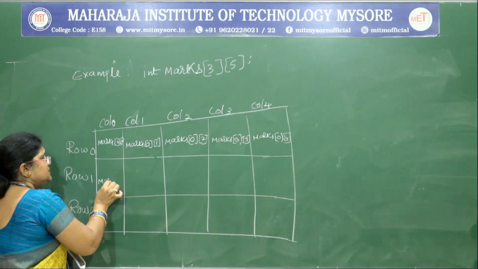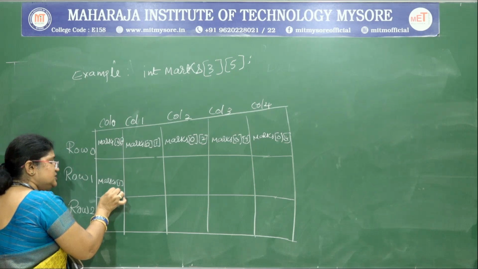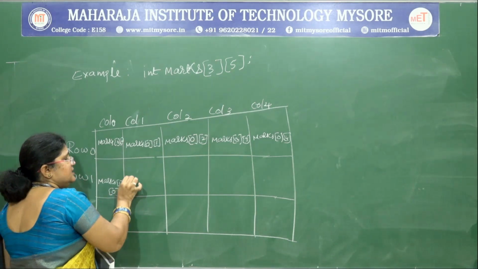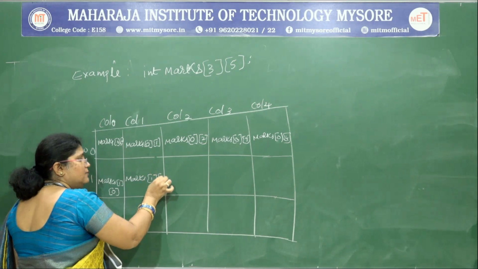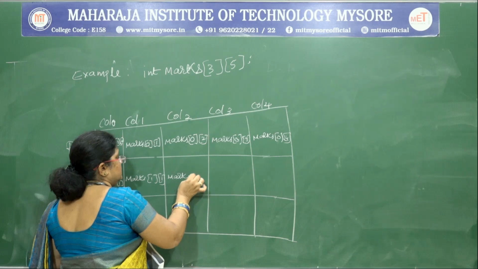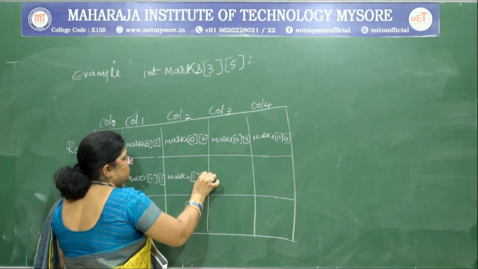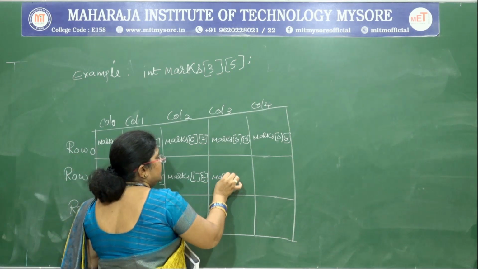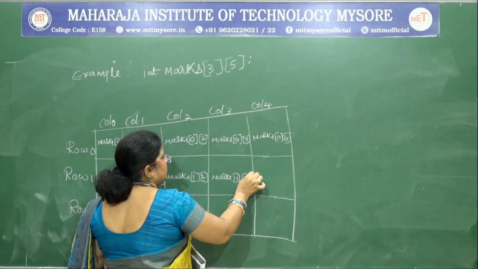Marks row 1, column 0. Next is marks row 1, column 1. Next, marks row 1, column 2. Next, marks row 1, column 3.